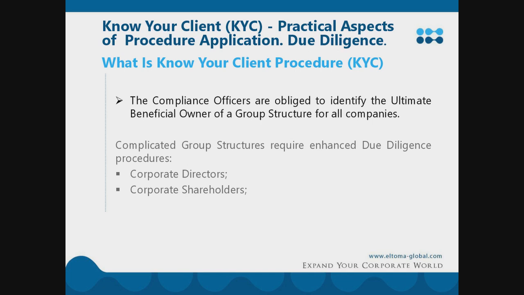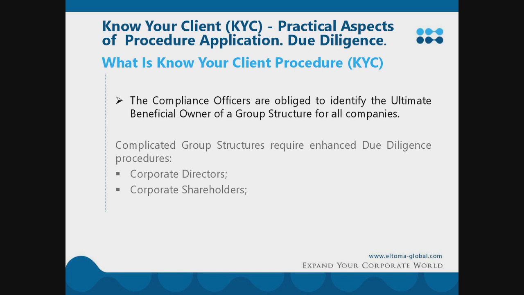Please note that every compliance officer in every company is obligated to identify the ultimate beneficial owner of the group structure of all companies. So if the client tells you that the UBO is a legal entity, it's false.